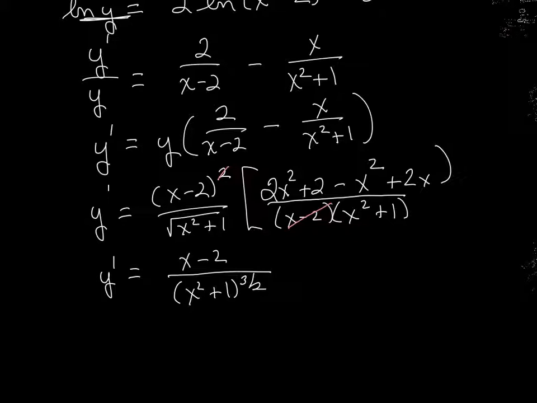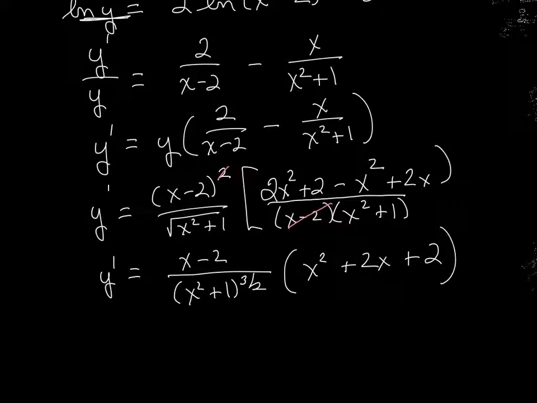Just add your exponents, times 2x squared minus x squared is x squared plus 2x plus 2. So this is an example, and you may have to go back and look at it again, of using logarithmic differentiation for a function that is not a log function.